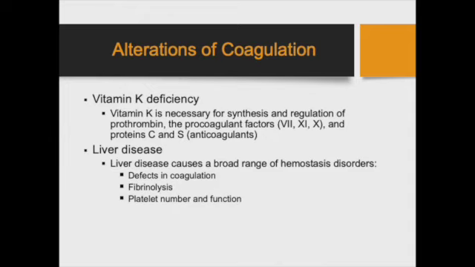In terms of liver disease, vitamin K deficiency or liver surgery, you might have hemostatic derangements with defects in the clotting or the fibrinolytic system and platelet function overall. The hepatic cells, particularly the parenchyma, produce most of the factors that are involved in hemostasis.